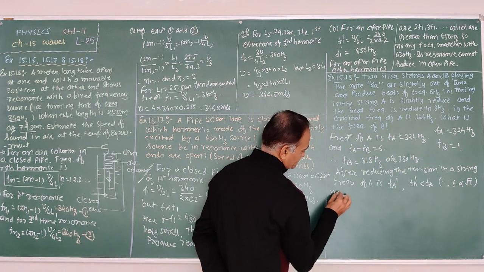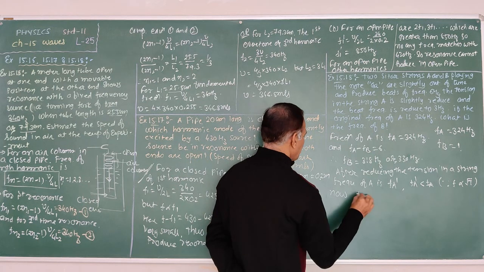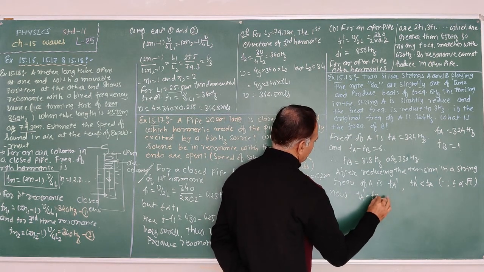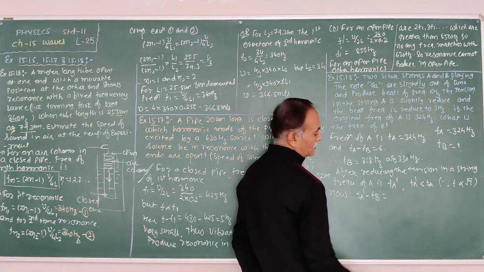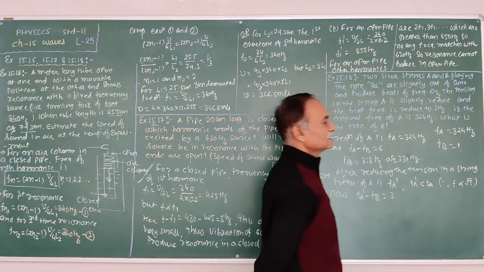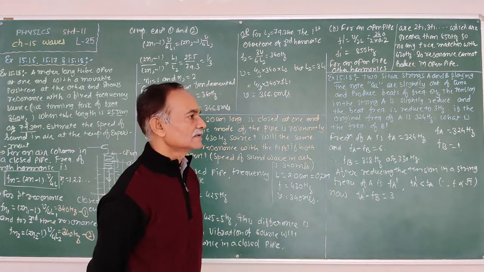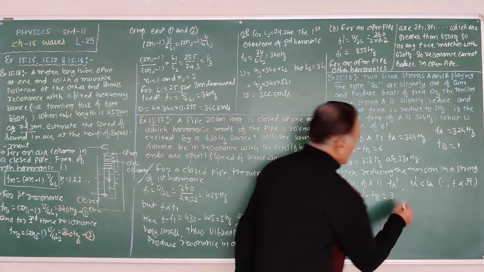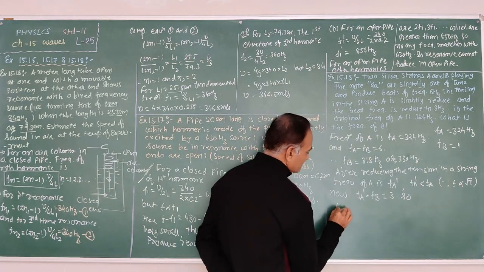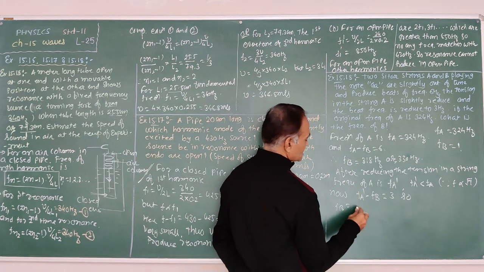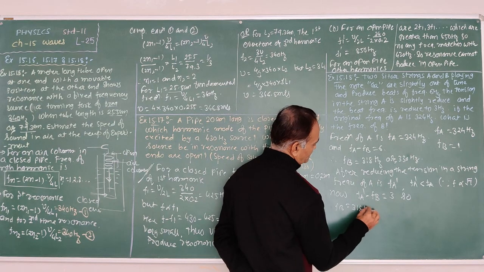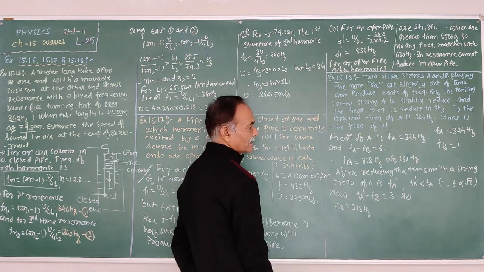Now, FA dash minus FB is 3 Hz. So, FB must be 318 Hz.